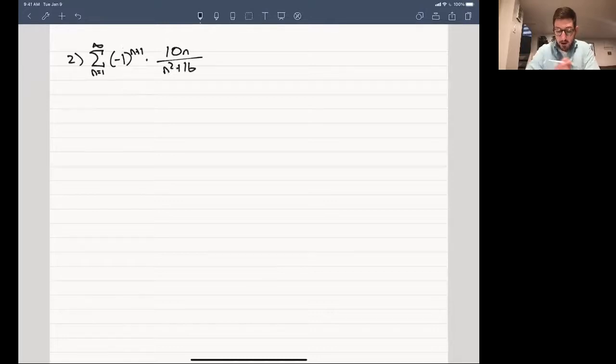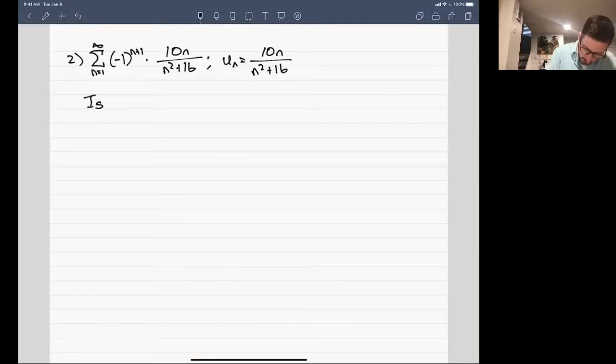If you didn't have the (-1)^(n+1), the alternating part, this would not converge. But what we're going to show here is that actually it does converge. Clearly, the u_n are equal to 10n divided by n squared plus 16, and these are all positive. It converges to 0. So really all we have to check is decreasing.